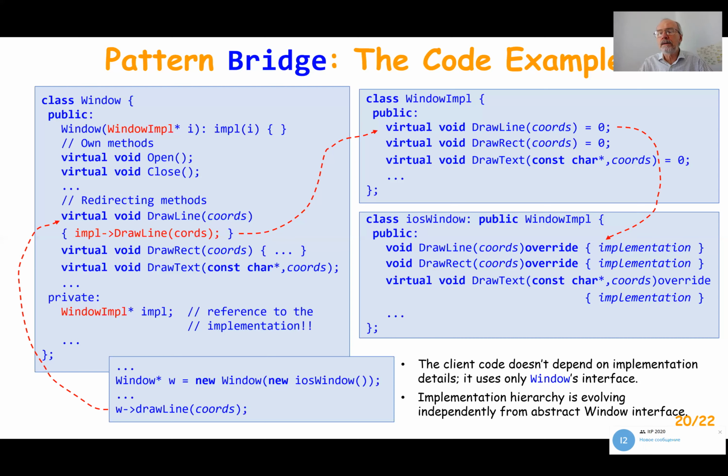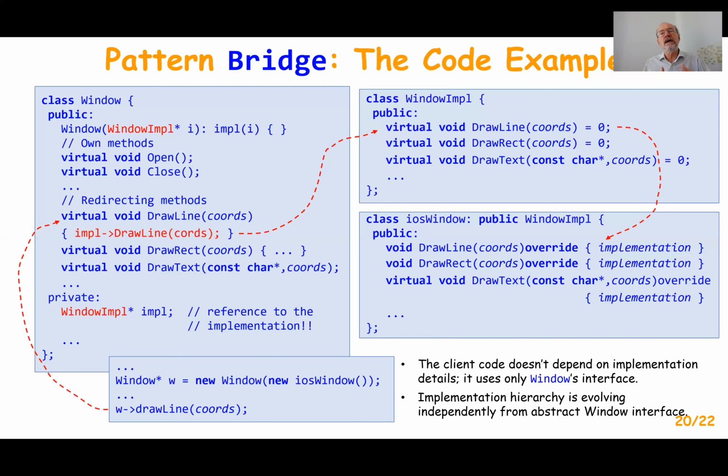Okay, so what is going on here? This call goes to the window implementation, to the method drawLine from the WindowImpl. However, WindowImpl is an abstract class, and the actual dynamic type of the object from where we call drawLine is actually iOS window.